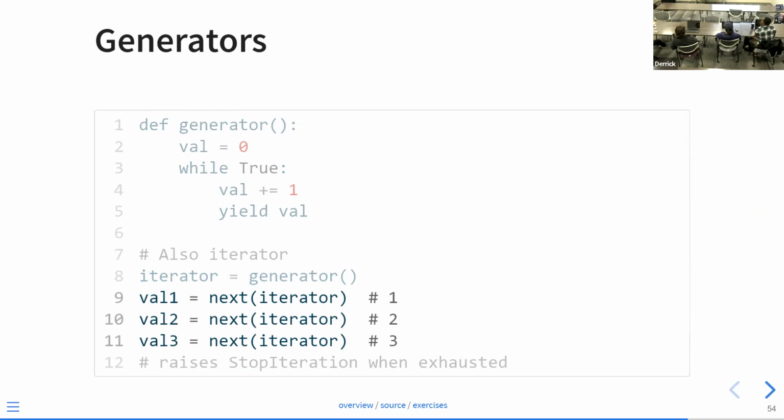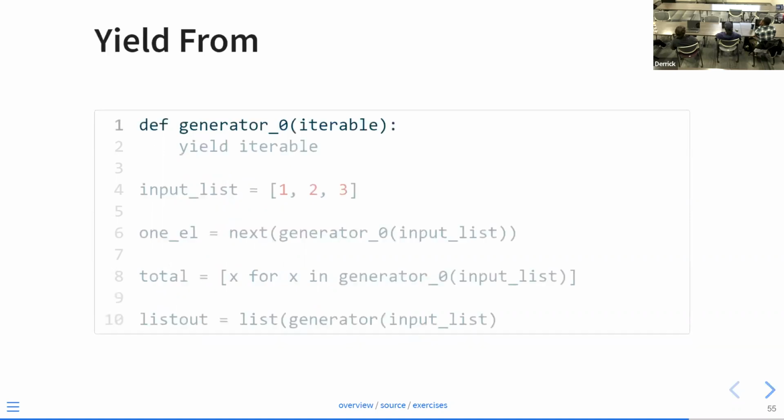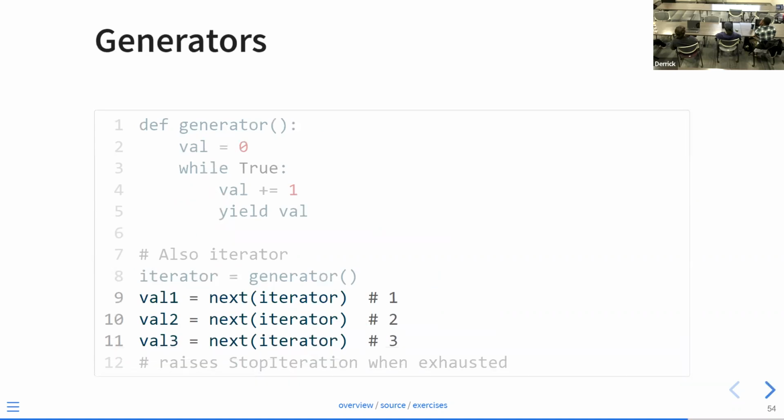What that will do is resume the state of the generator, and then run it until it yields again, or it returns nothing. In that case, it's exhausted. Does that make sense?